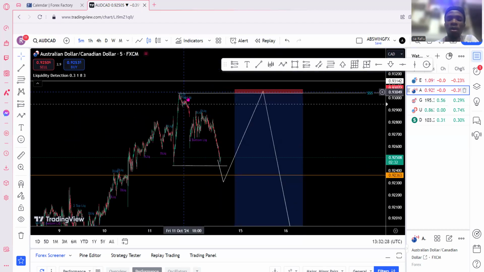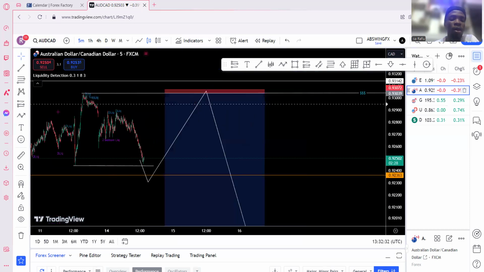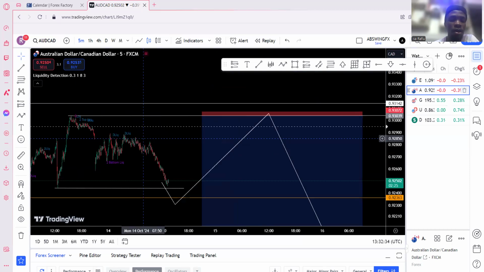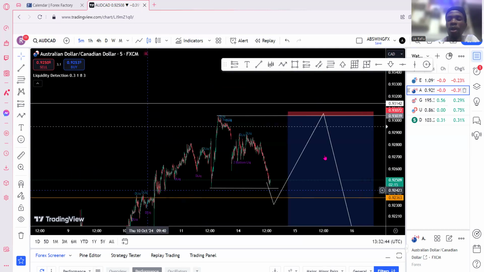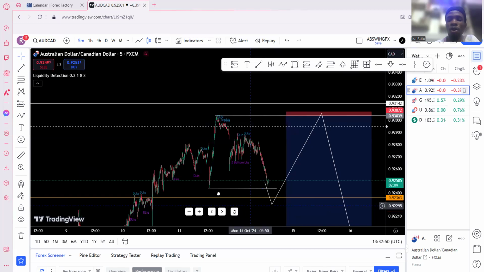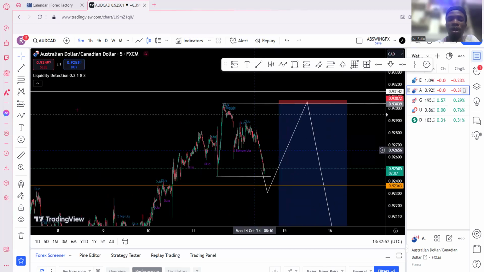So that's very good. 1, 2, a lot of liquidity here too. 1, 2, double liquidity, liquidity is here. So basically this area is a liquidity stand. And once the market clears the liquidity, then I can short my position upon the candle confirmation.